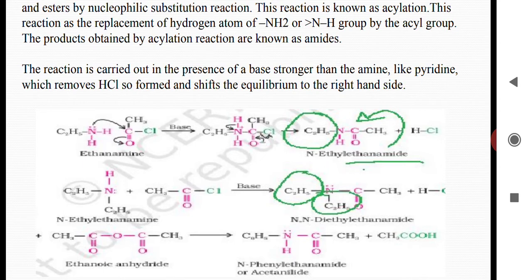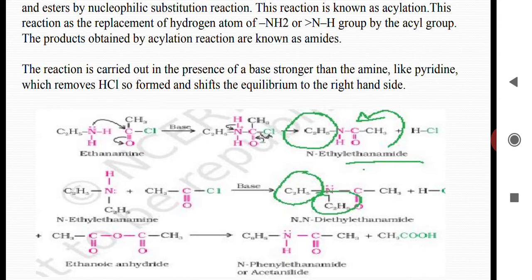Now you can see by the arrow, the ethanamine attacks the ethanoyl chloride, right? So here the electron pair on nitrogen attacks the carbon, which is a little bit electron deficient because of the presence of the oxygen, which is electronegative, and it pulls the electron density towards itself. Now nitrogen acquires a positive charge.